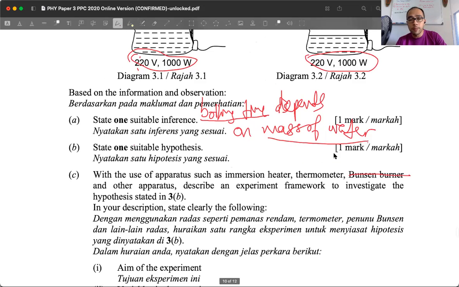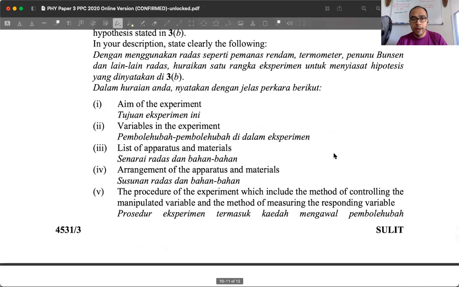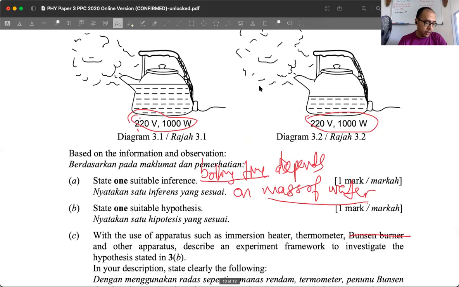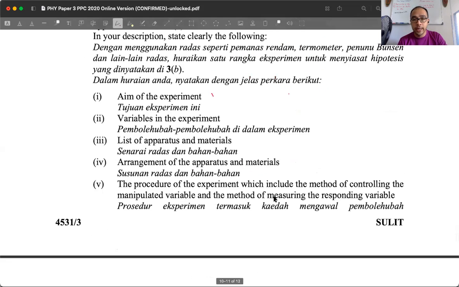Okay. So the aim of the experiment is to investigate the relationship between mass of water and the boiling time. The variables are given over here, so I won't rewrite this again now.